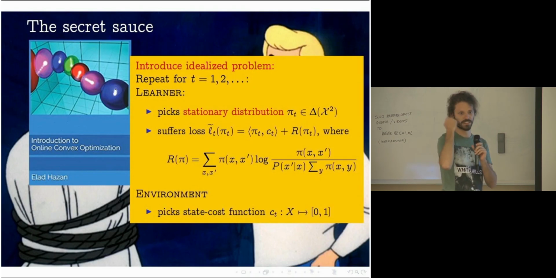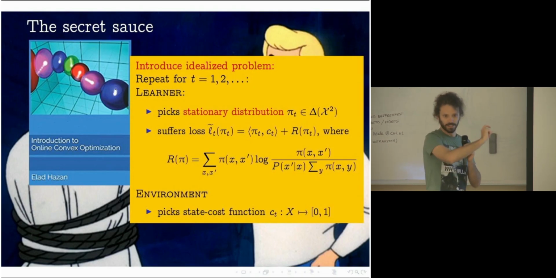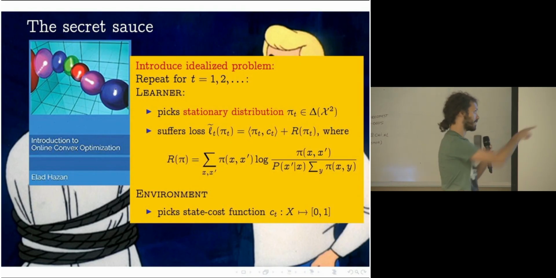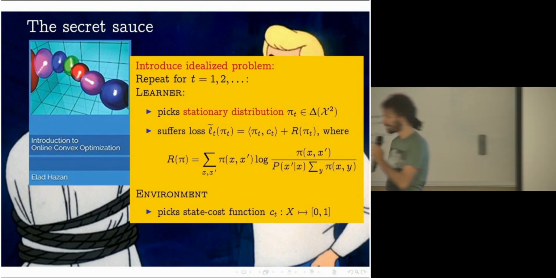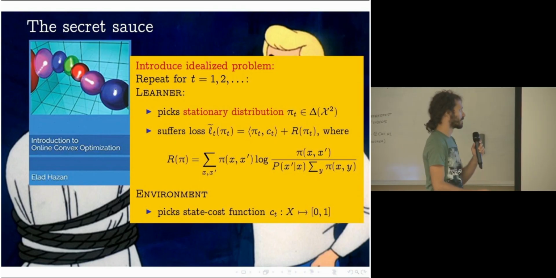Imagine that you live in a world where you can select a policy, immediately go to its stationary distribution over the state space, and then just play in this ideal world. This is going to be this pi t. Then the loss can be reformulated as something that is linear in the state-action distribution, and it is composed by this R of pi, where R of pi is defined as this.